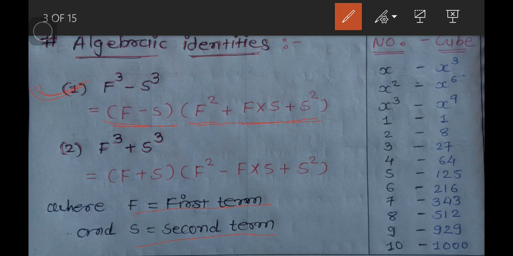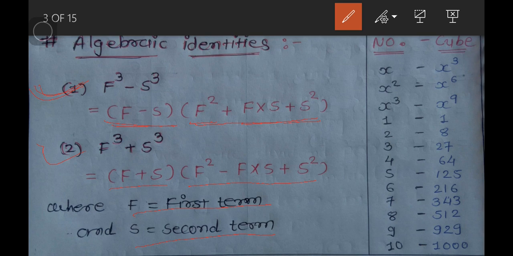Now the second identity, that is, f cube plus s cube. We factorize it as, in the first bracket, f plus s, and in another bracket, f square minus f into s plus s square. So by using these identities, we can factorize a cubic polynomial.